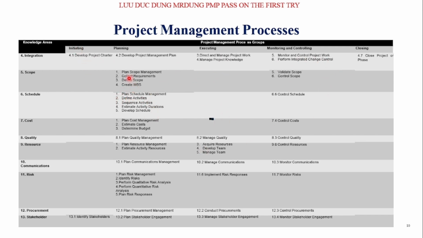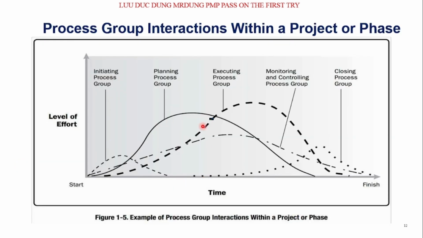For the plan scope management, if we change the plan, we have to update. At any point of the project timeline, start to finish, sometimes we manage 3 or 4 or 2 processes at the same time. So you can imagine what project management does: we manage many processes concurrently during the project timeline, from start to finish.